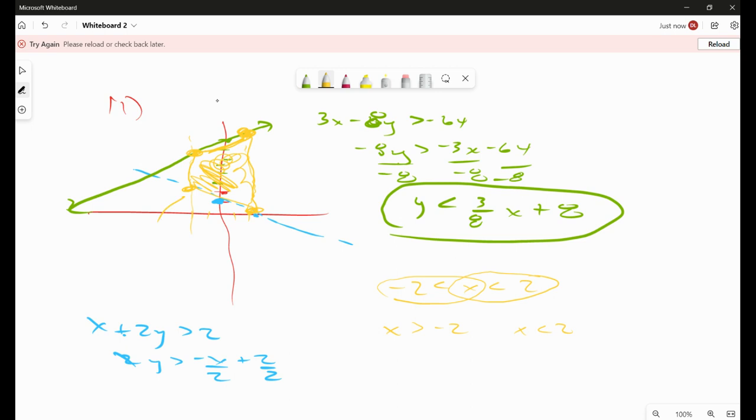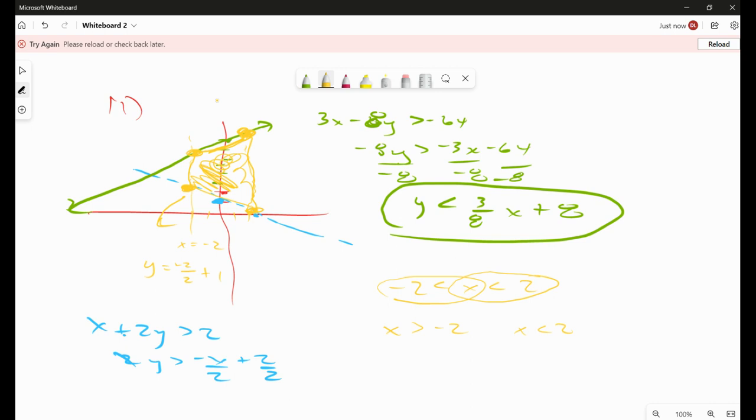So what I do is I know that x equals negative 2 right here, because that's what it says. And I just take it and I plug it in here to find the y. So for this particular point, x is negative 2, so that means y is equal to negative 2 over 2 plus 1.